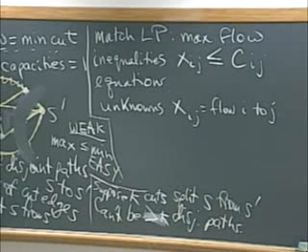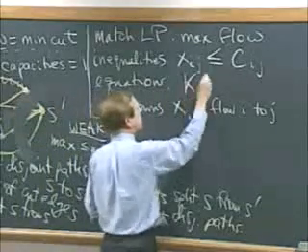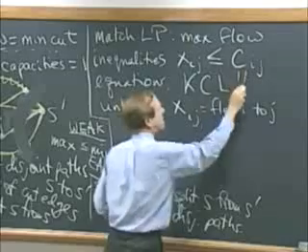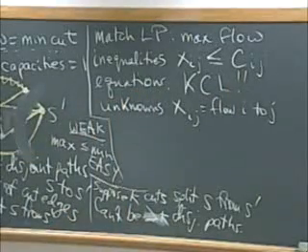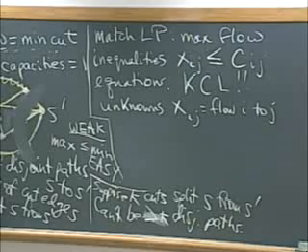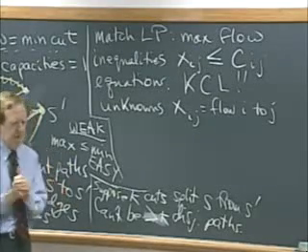It's Kirchhoff's law, right? Kirchhoff's current law. So the equations are Kirchhoff's current law. That's my little point. That we're coming around again to the most fundamental equation in applied mathematics. I guess I dare say that.